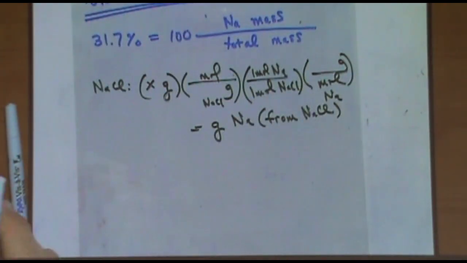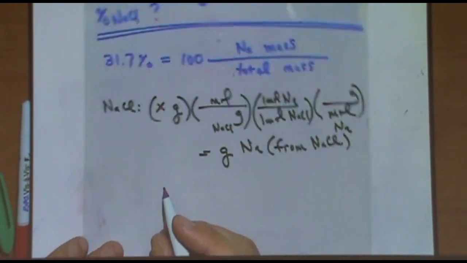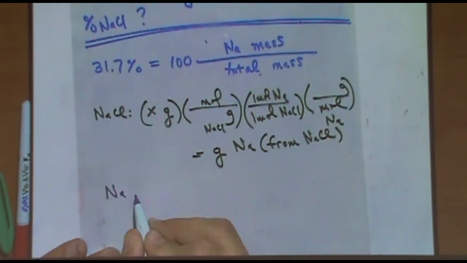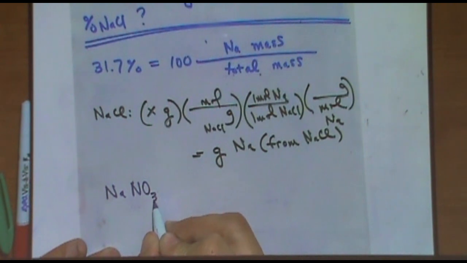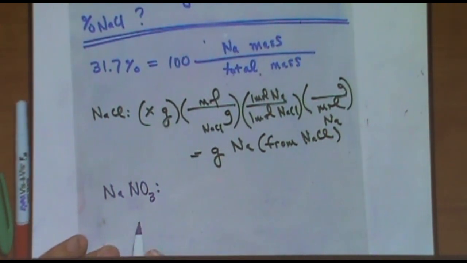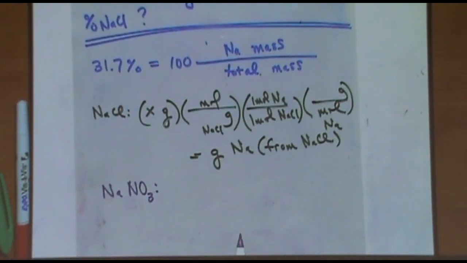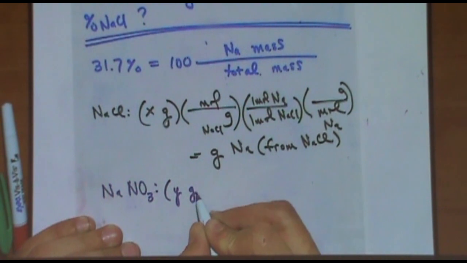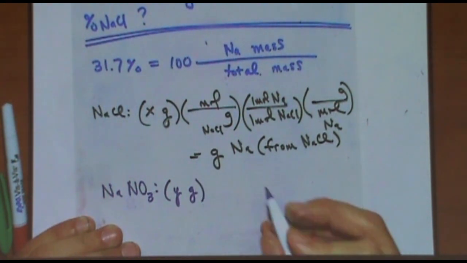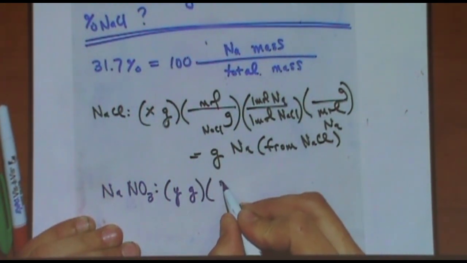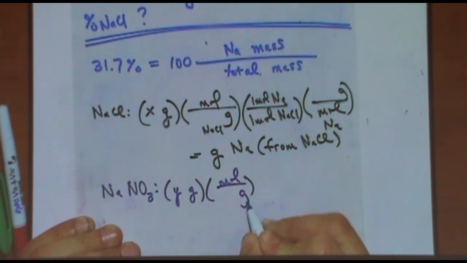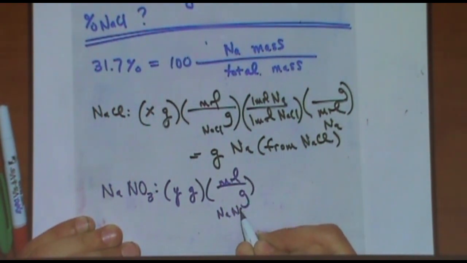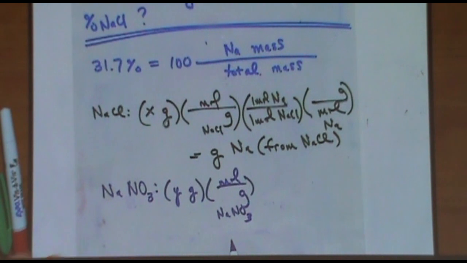Next, I'm going to do the same kind of thing, but for the other one. Do you want me to write it all out, or you get the idea? I'll write it out. So Y grams. Same sort of thing, moles. Notice I'm going to repeat the top, just with a different molecule.